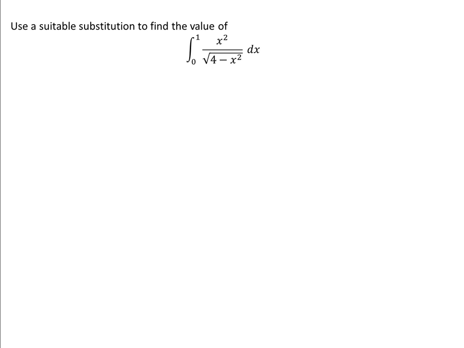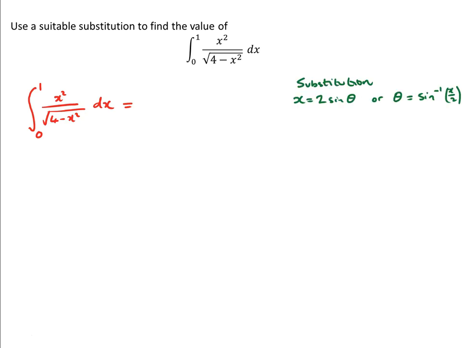In other words, the square root is just 2 cos theta. So we're going to make the substitution x equals 2 sine theta, which is equivalent to the substitution theta equals inverse sine of x over 2.